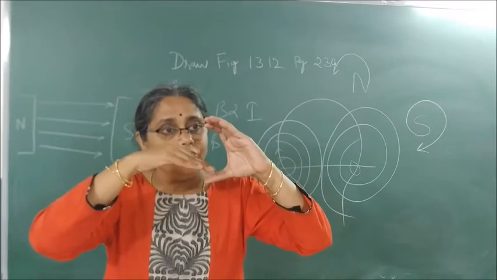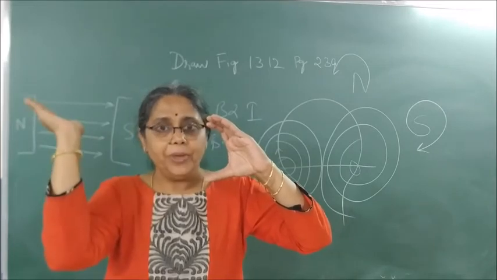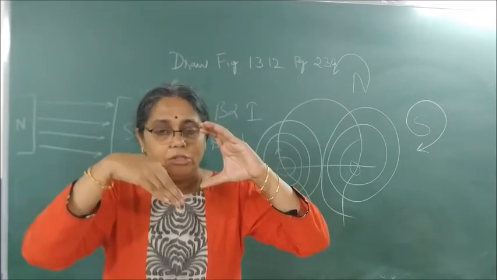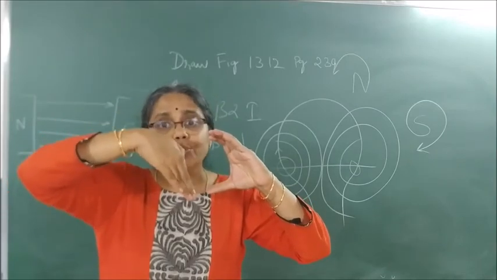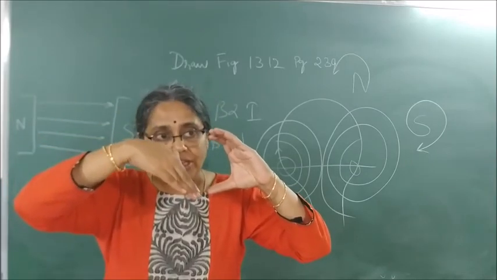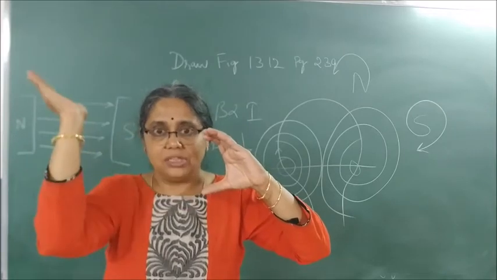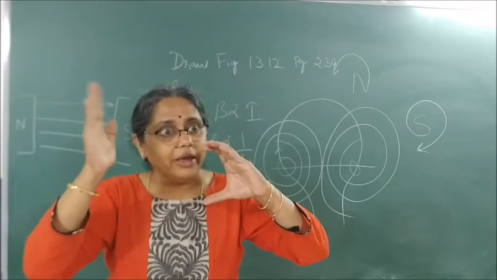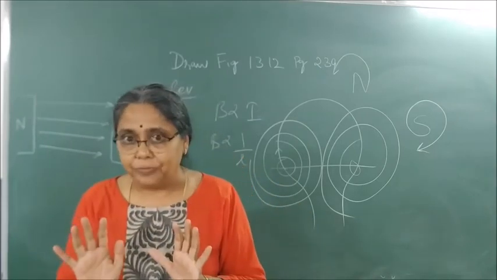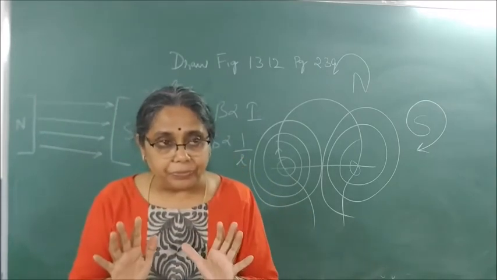And how does it withdraw from the force? By jumping out of the magnetic field. This current carrying conductor is attached to a wire, so when it experiences a force, it kicks the wire. So this experiment is also called the kick wire experiment. Principle understood?